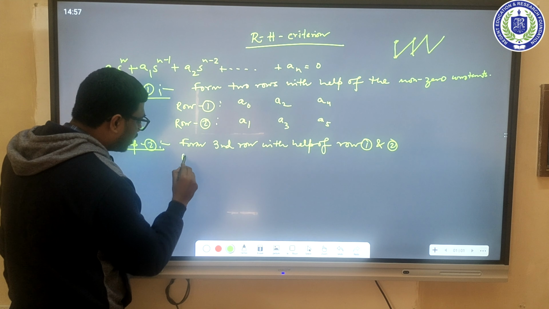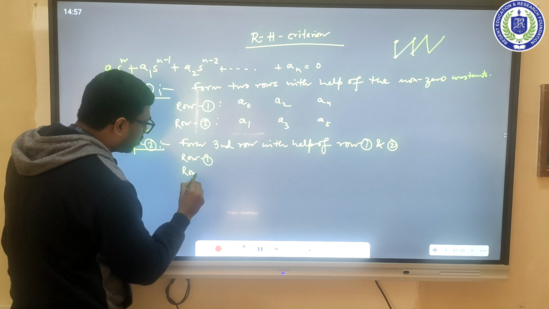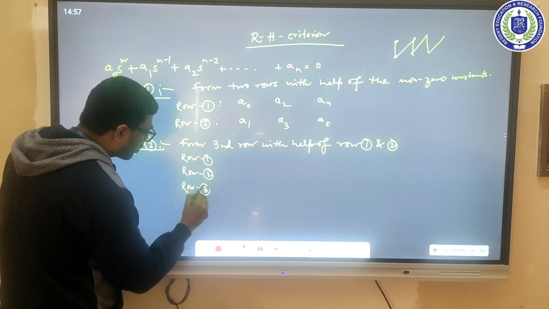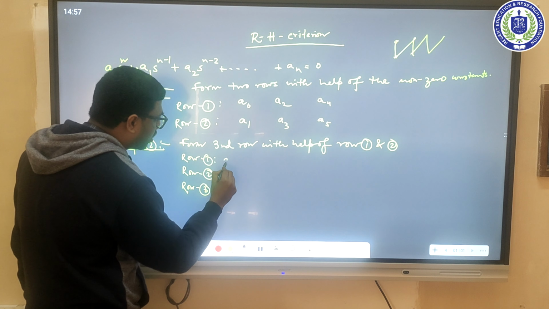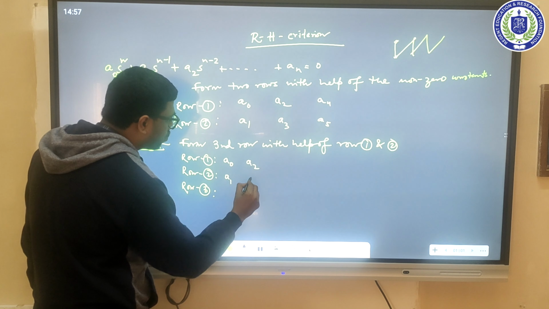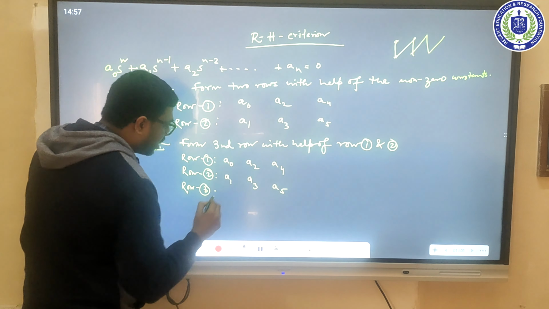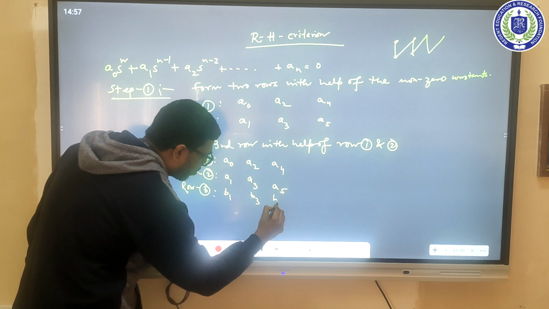So row 1 is A0, A2, A4 and row 2 is A1, A3, A5. Say I have written the third row as B1, B3, B5.